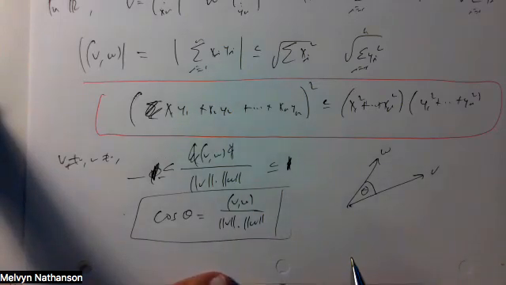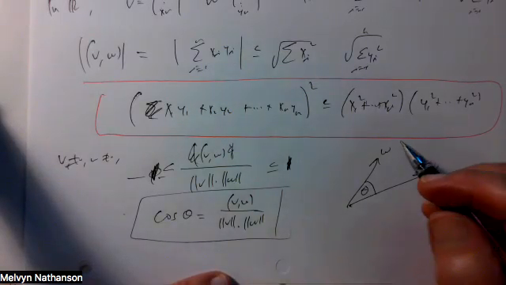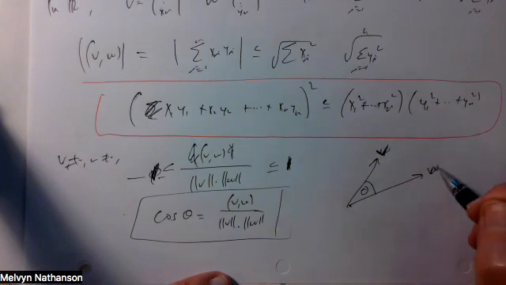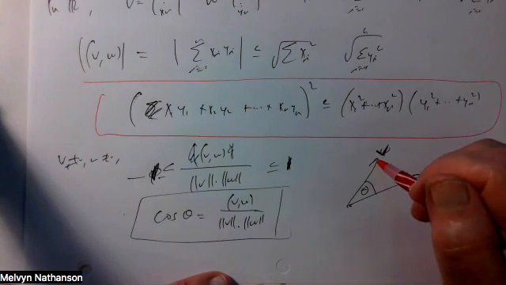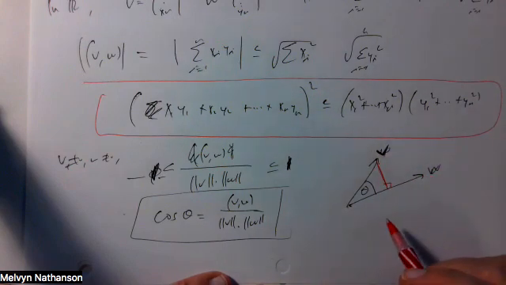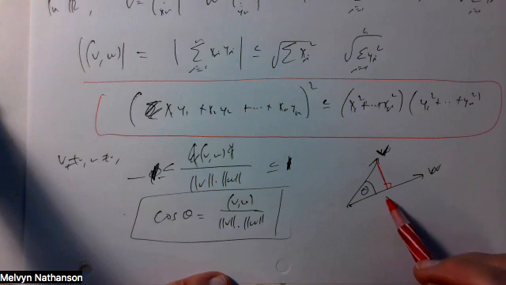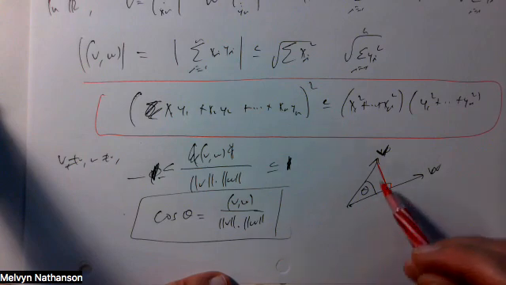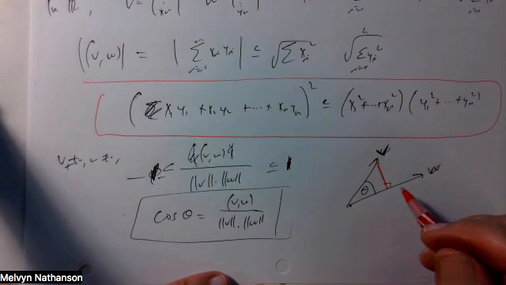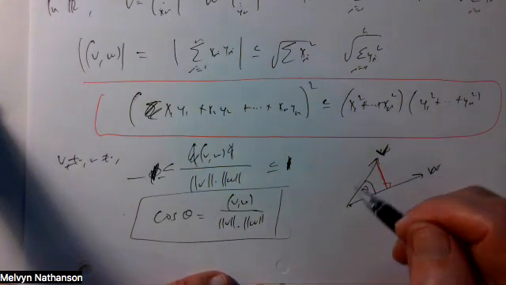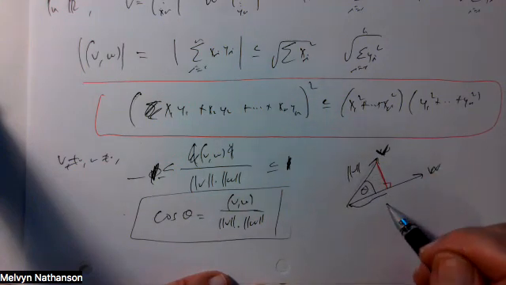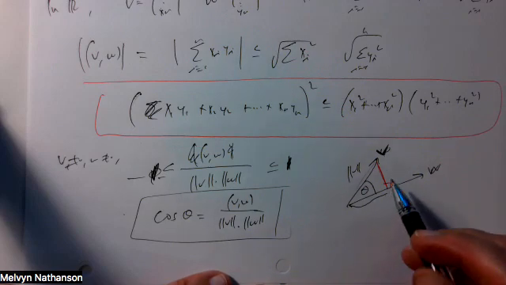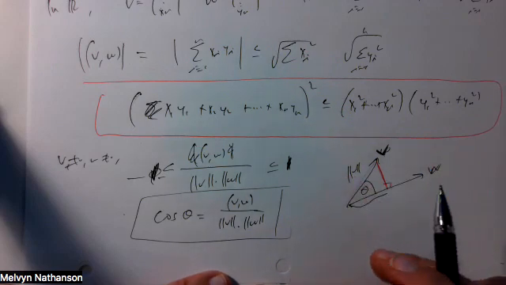And if you look at this for a second, let me actually call this V and this W. Suppose I drop the perpendicular from V to W. Just think of this as high school geometry. You have two lines, draw this perpendicular. The length of this, that's the length of V. This over this is the cosine.